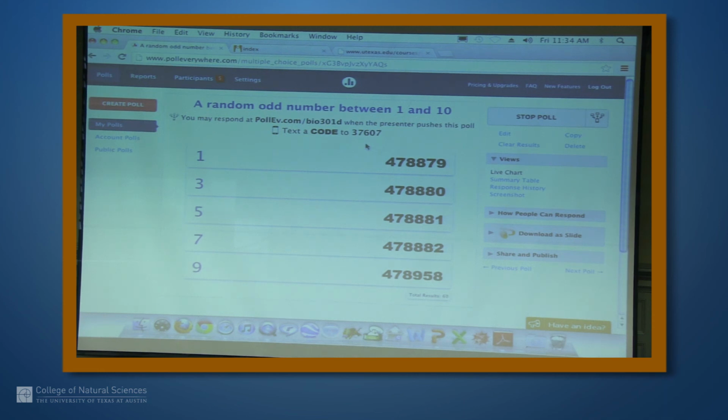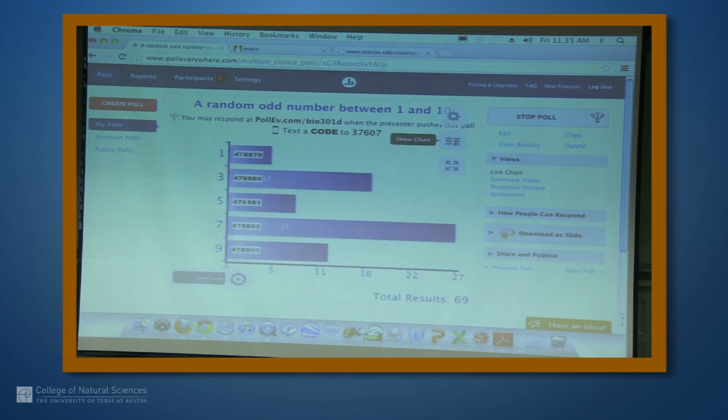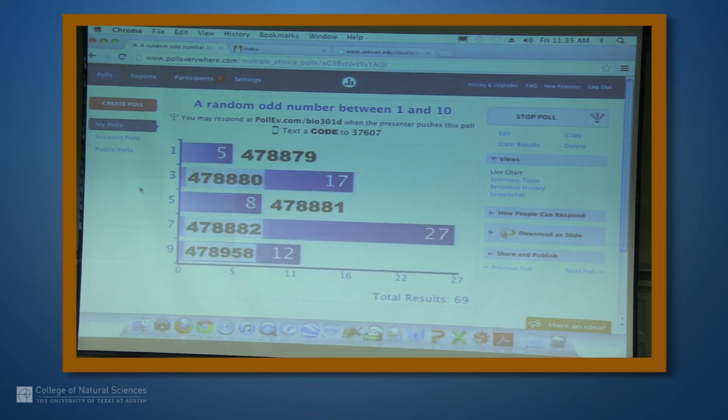In terms of the lengths of the bars, they should be roughly equal except for sampling error. What do you think it will be? So, number 7, then number 3.